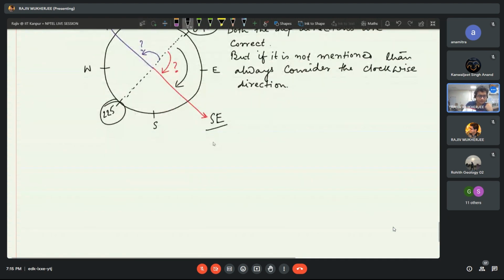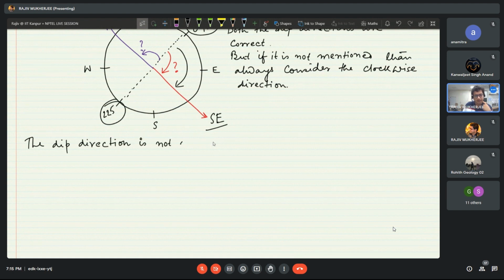Say for example, the dip direction is not mentioned.